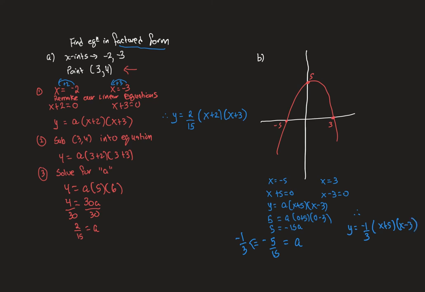And that is how you find the equation in factored form, either when I'm giving you a point and intercepts, or from the graph. I hope this has helped everyone in finding the factored form. There is one more thing, though. What if I now told you, you found your factor form, and I said, put it in standard form?